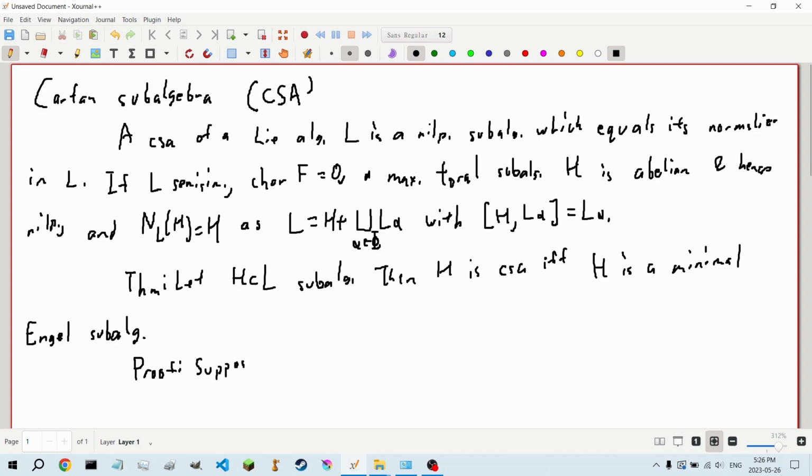Suppose that H is an Engel subalgebra, L_0 of the adjoint of some Z. Then it is self-normalizing.